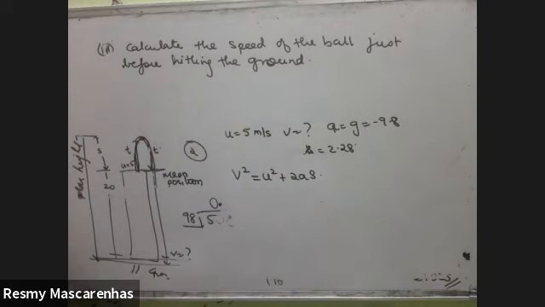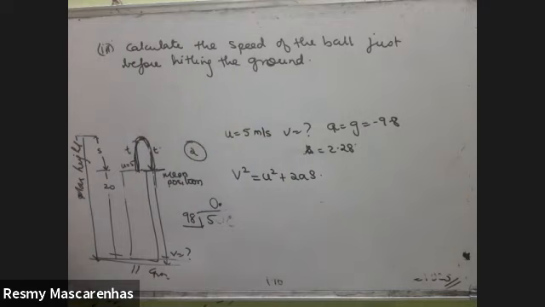So V square will be U square, plus this. Just check again. 22 it was, no? Or 21 something. 21. 21.28. So we have to take it as minus now, because it is coming downwards. And then calculate.